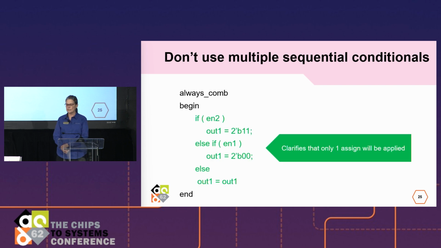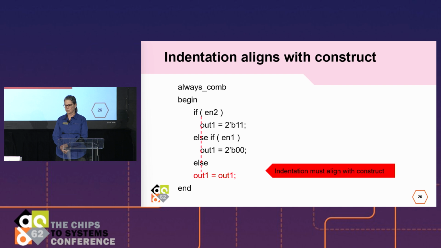This clarifies that there's only one assign that's going to be applied, which improves readability. Another high-value rule is that output indentation must align with its associated construct. Using proper indentation greatly improves your readability. We can easily see that out1 is assigned in all the branches, making it combinatorial.